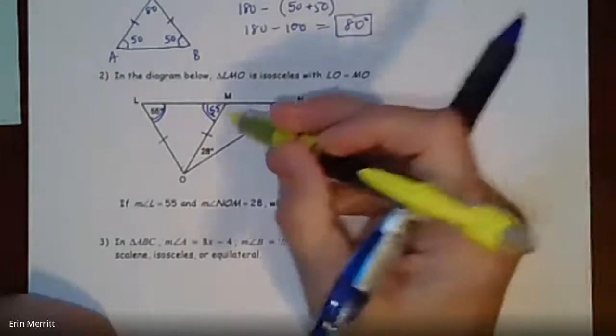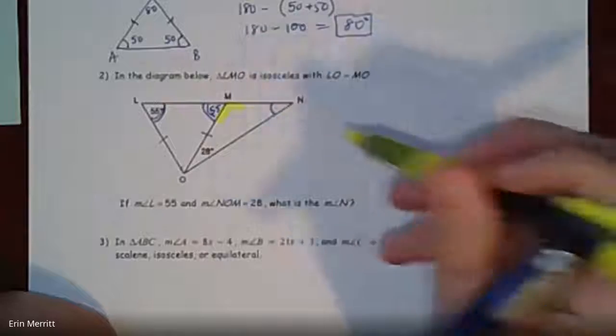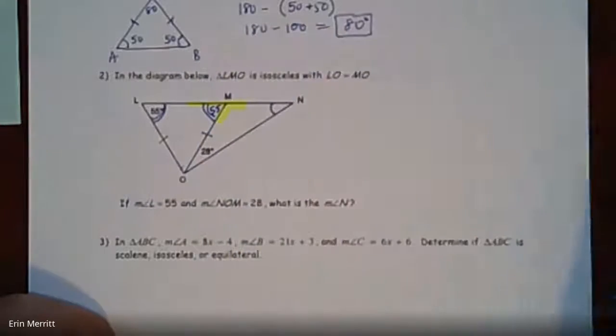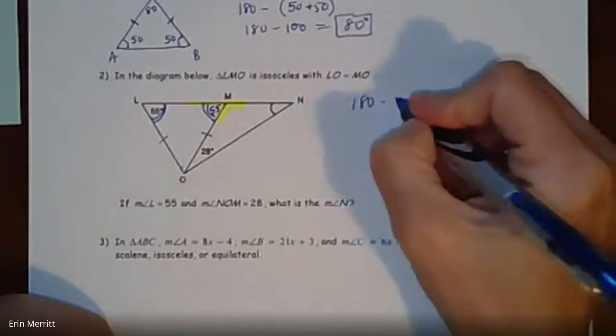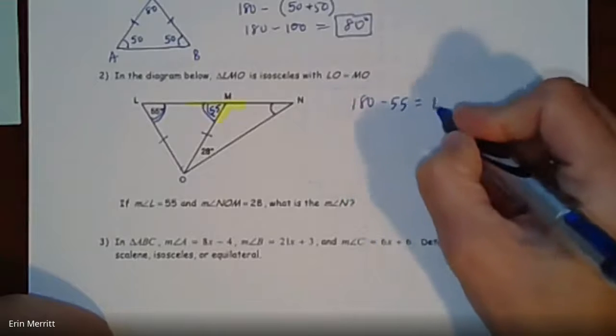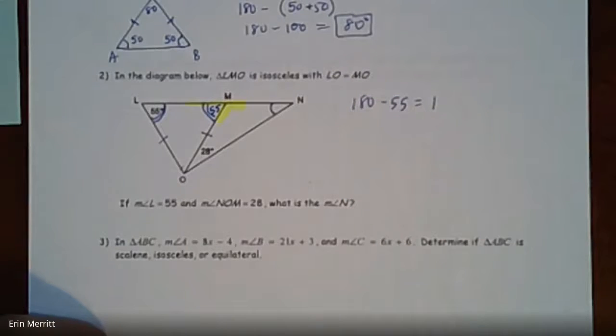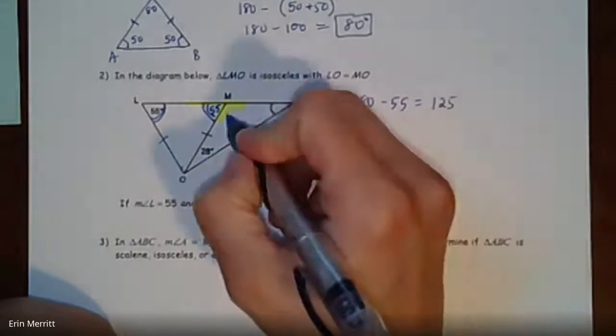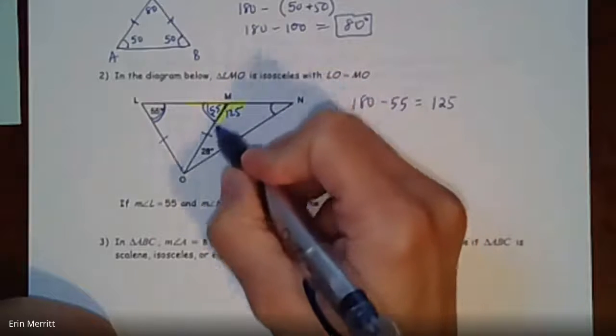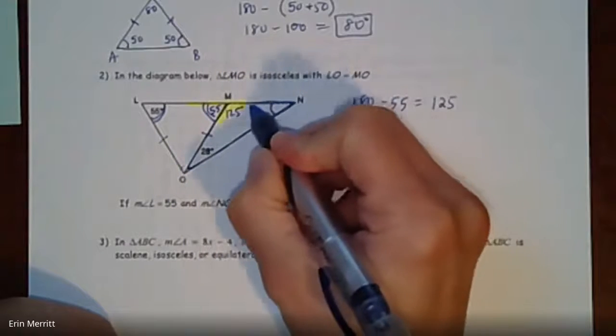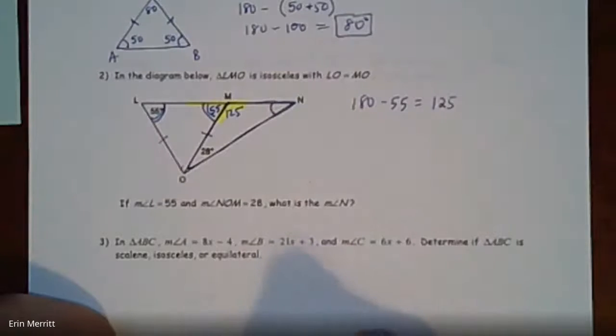Either one's perfectly fine. I think I'm going to use the first idea of saying that we can find this angle measure because these two together form a straight line. So 180 degrees minus 55 should be, I want to say 125, but I'm afraid I'm making that up. Minus 55 should be 125. There we go. And then I can use this triangle to find my answer.